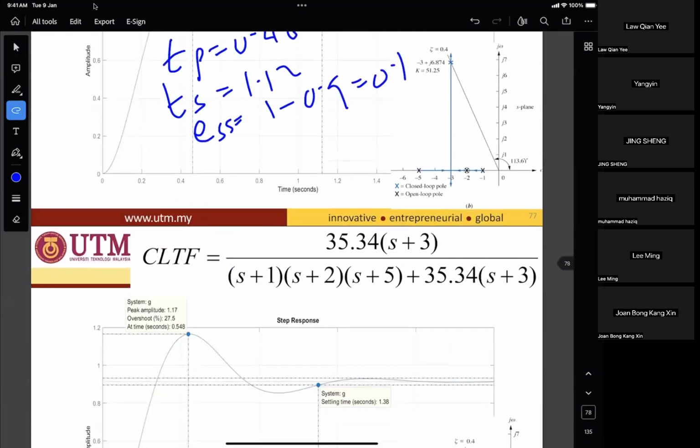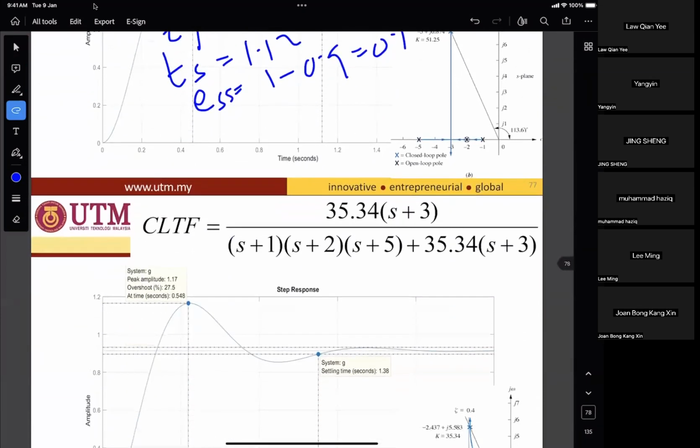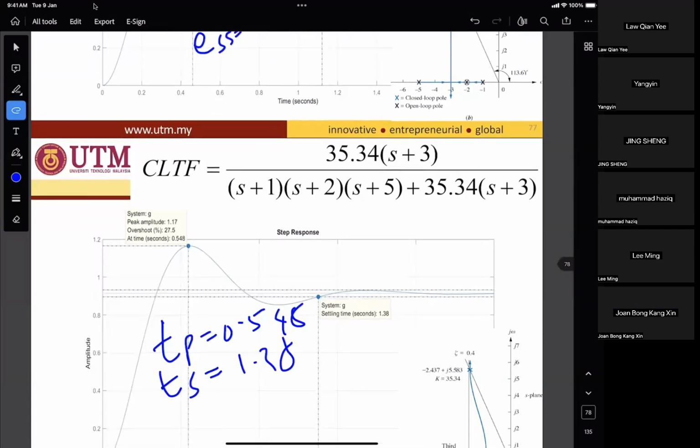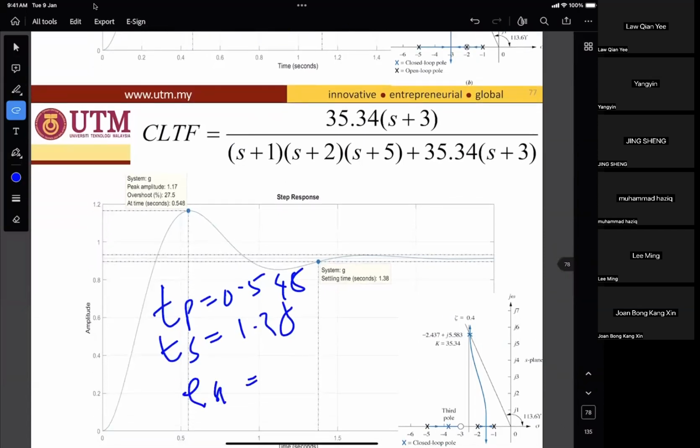Then we add S plus 3 and see what happened. Peak time 0.548. Settling time 1.38. And steady state error is about 1 minus 0.95, 0.05.